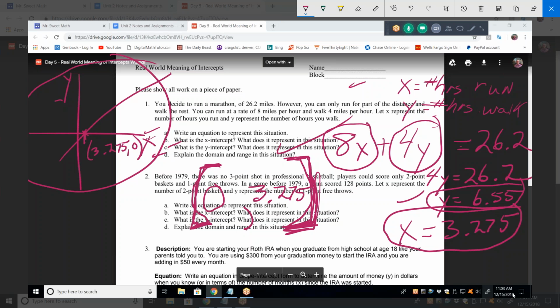And it can be exactly 3.275, because if you ran for 3.275 hours, you would run 26.2 miles, you'd be done. So there's no way x can be 3.3, but it can be exactly 3.275.